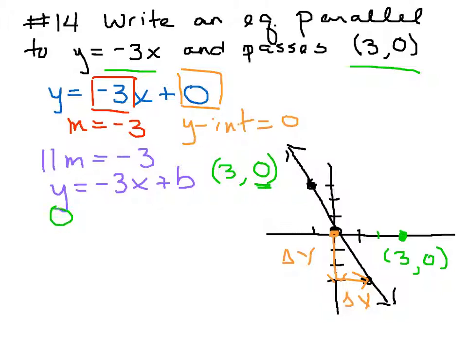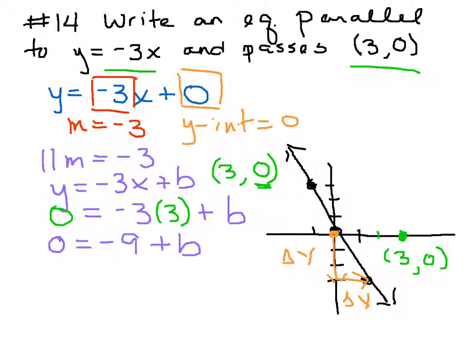So I'm going to say 0 is equal to -3, and now I'm going to go ahead and just put my 3 in for x. And then I still have my plus b. That gives me 0 is equal to negative 9 plus b. I add 9 to both sides of the equation. Oh, that's good. And I end up with 9 is equal to b.